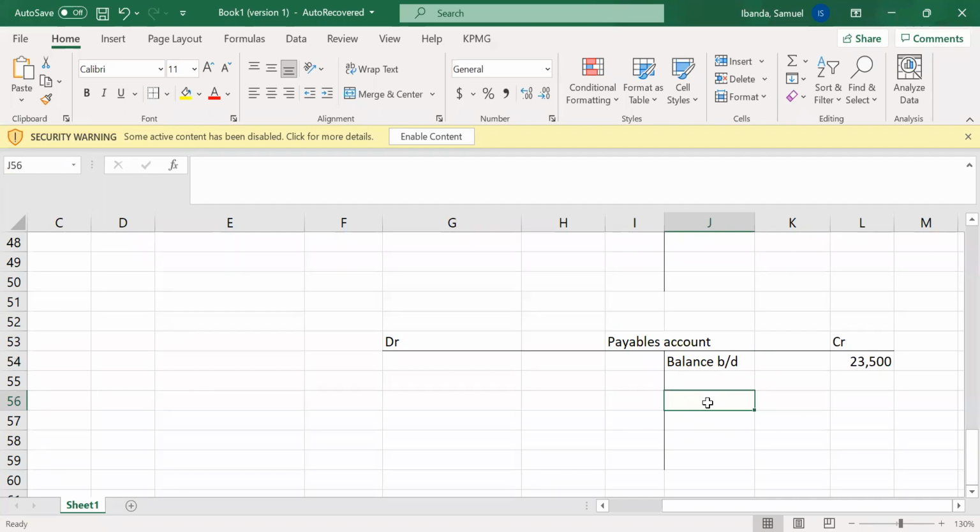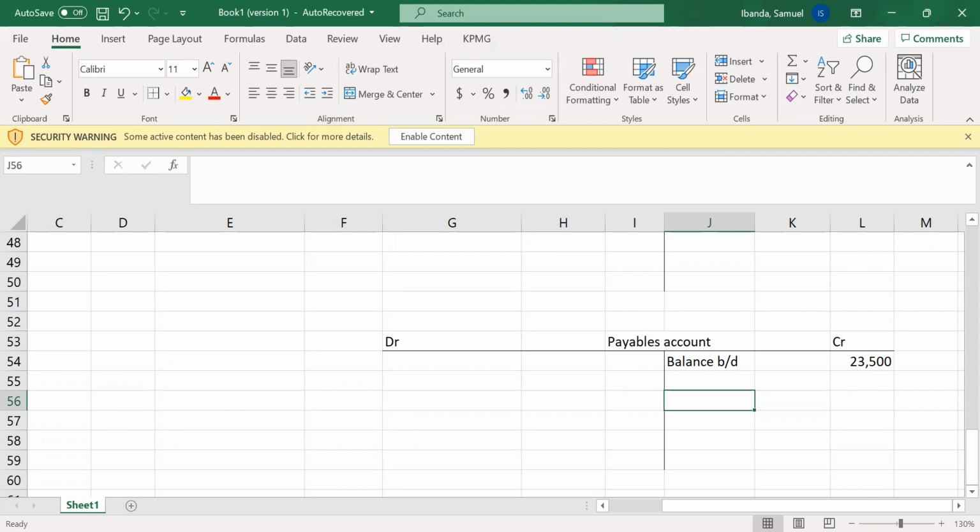Now, they are telling us that these liabilities were taken over by the partner. When you look at this handout that I shared with you, we have something here, step external liabilities. Now, whenever external liabilities are taken over by the partner, we would debit our realization and credit the partner's current account.